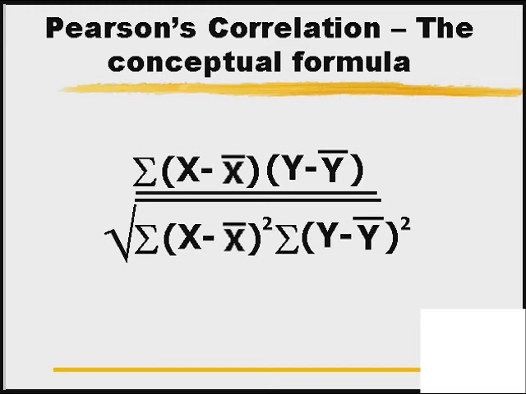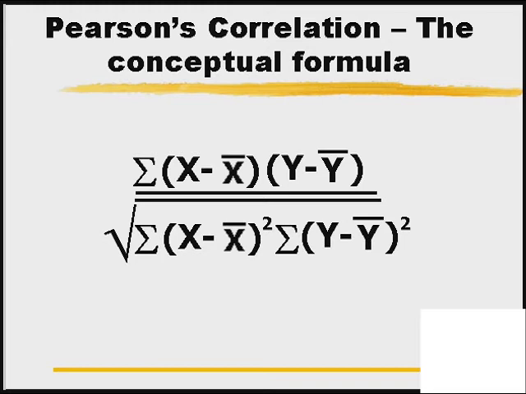So what you're doing is taking the sum of the products of the variation between the x variable and its group score or mean score, and the difference between the individuals in y and the mean score there. You take the product of that, and later on we'll get to why they call it the Pearson product coefficient.